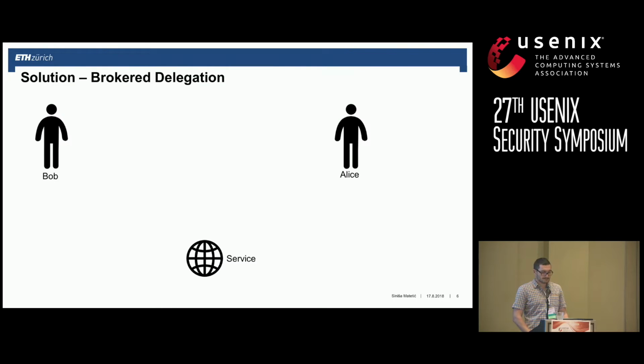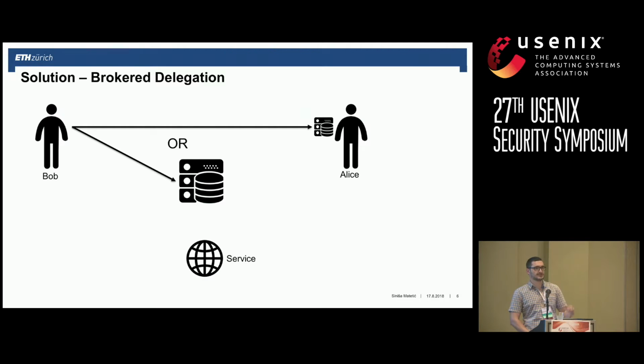So a solution to that would be some kind of a proxy that can lie either in the middle, somewhere in the cloud, or on Alice's side, which allows Bob to deliver credentials to that proxy, and then Alice could actually access the service through it. So the key takeaway here is that this proxy, of course, needs to be trusted, because you would need to offload some of the secret material inside of it.